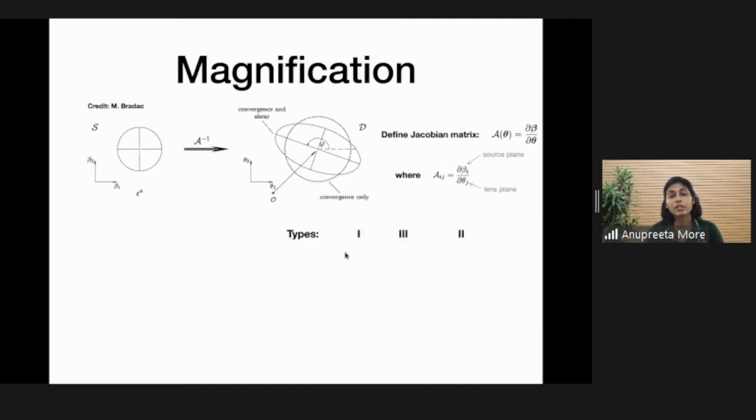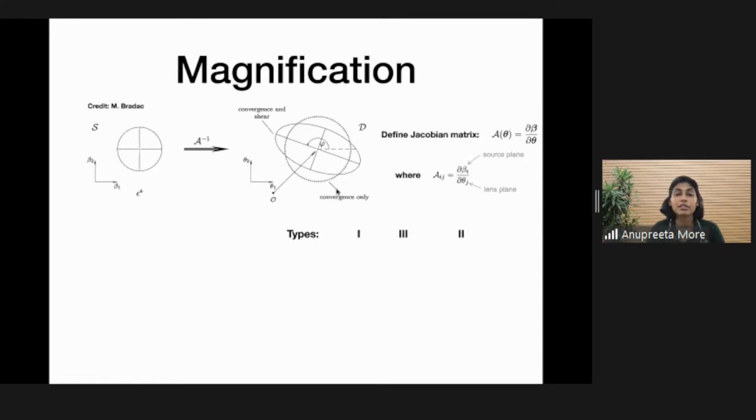Next, you have heard about magnification. So basically, what happens is that if you have a circular source, then via this Jacobian matrix, you can map this source into the image plane, and you can tell how this source will be modified because of the lensing magnification.